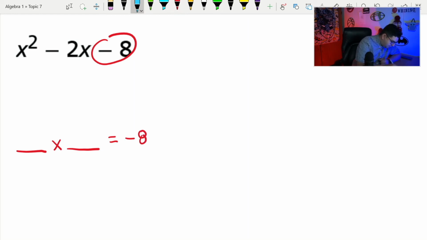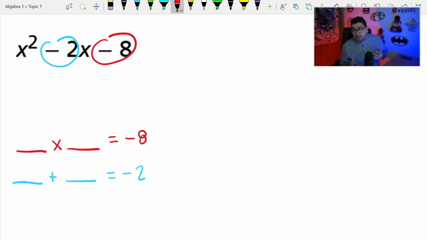And remember, we want a negative 2 this time when we add them. So what two numbers can give me 8? Hopefully you're thinking of 2 times 4. 2 times 4 is 8, and I can probably use those numbers to give me a 2 as well.